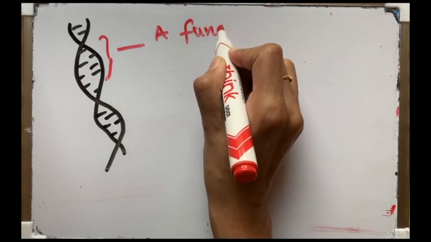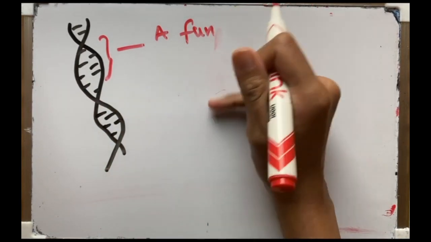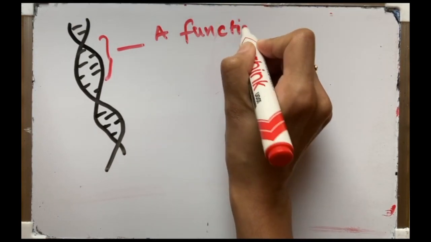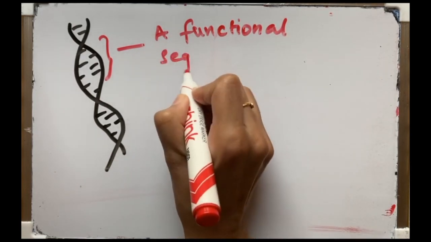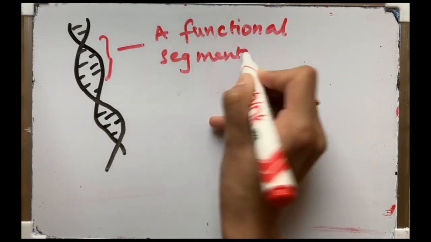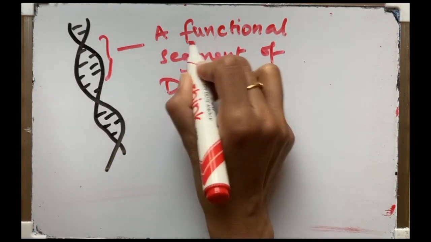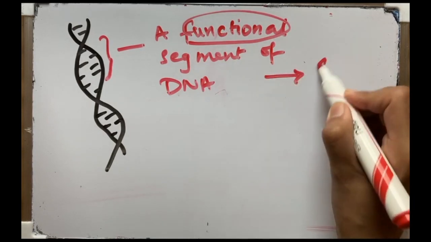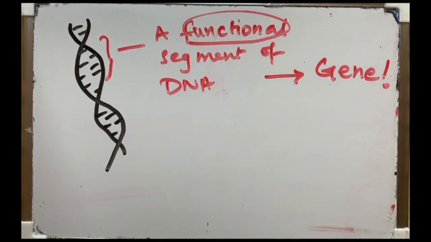Now, a segment of DNA, not just any segment, but it has to be a functional segment. That means that segment has to be responsible for a trait like the eye color or the hair color or the height, some trait like that. So such a functional segment of DNA is called as gene, right?